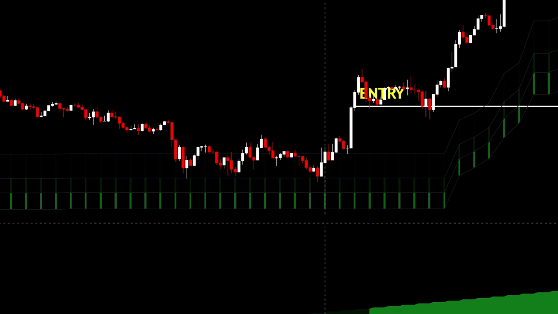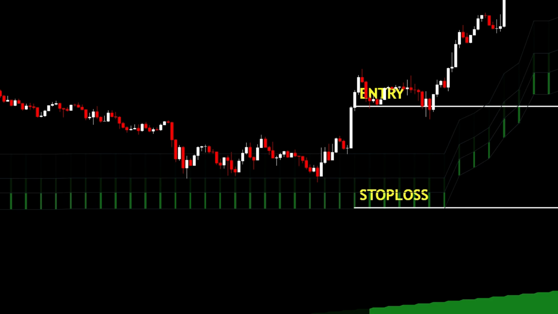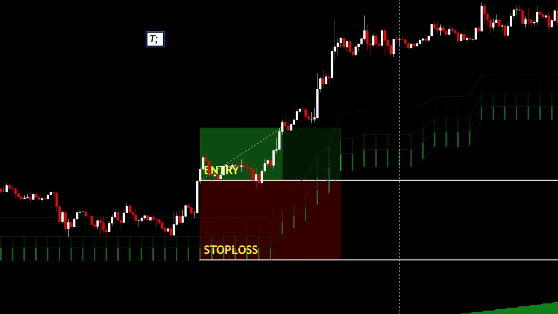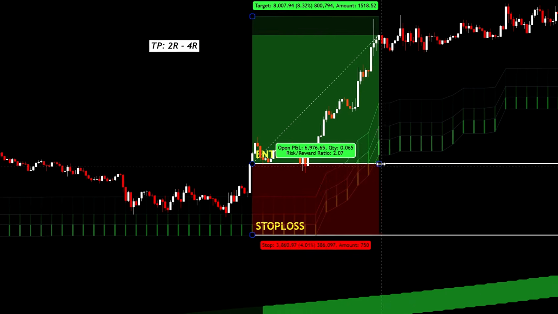And a stop loss below the FTS band or recent swing low. Take profit, risk to reward ratio of 1 to 2 to 1 to 4.